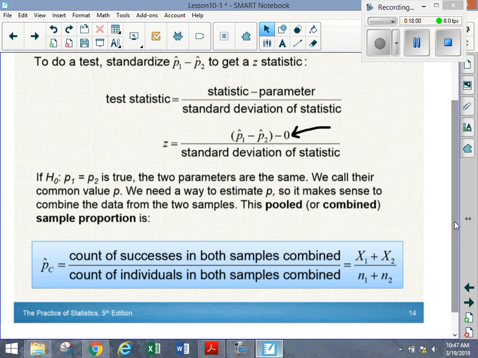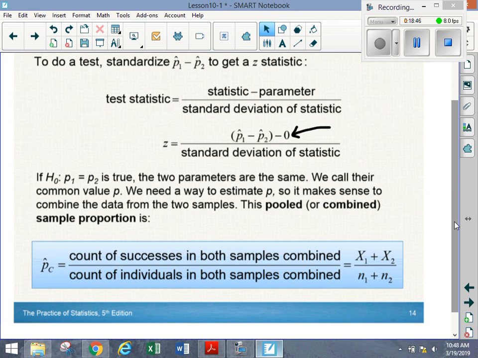So you put your count of successes over your combined sample sizes, right? For example, if 2 out of 10 people made choice A and 3 out of 12 people made choice B, then 5 out of 22 would be your pooled proportion. You just add the successes over the total sample size.